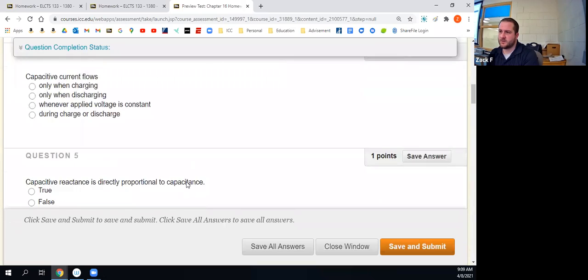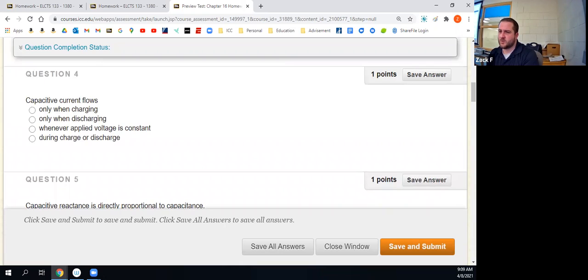Capacitive current flows which one? Right. Because once it's charged, there ain't no current happening, right? So current flow alternates direction.